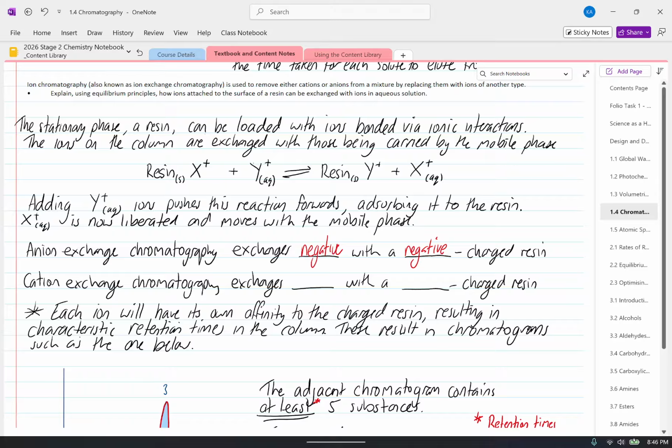So in this particular case, for the example up here, if it's loaded up with X, it could be Y that you run through, but it could be some other positively charged ion, and it will still swap. They'll still swap over, but they won't swap over to the same degree.